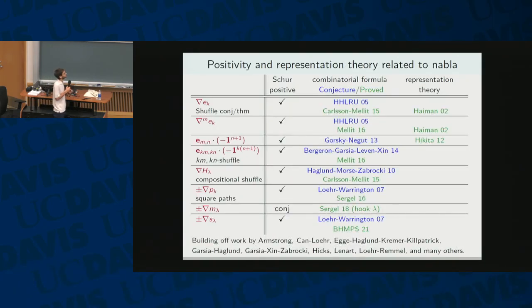And then building off this, Haglund, Haiman, Loehr, Remmel, and Ulyanov were able to conjecture a formula for Nabla Ek in terms of what are called LLT polynomials. In this case, the LLT polynomials are certain Q analogs of elementary symmetric functions, and you have one of them for every Dyck path in a K by K rectangle.